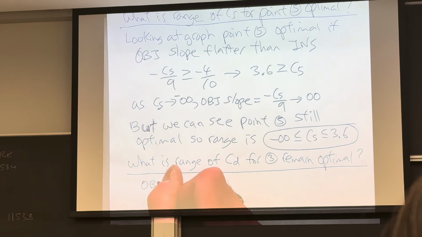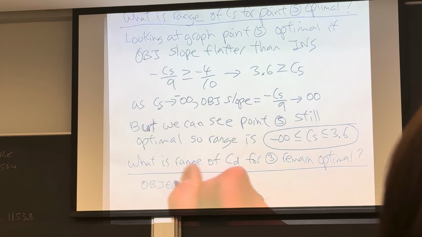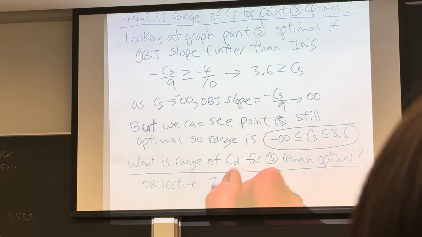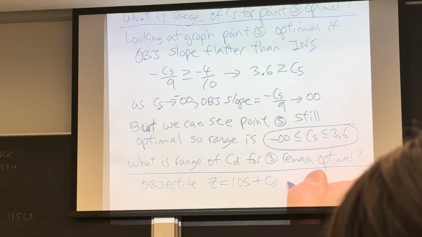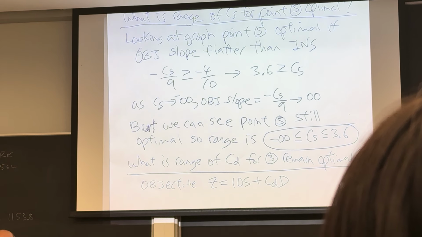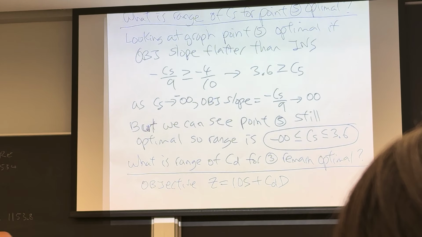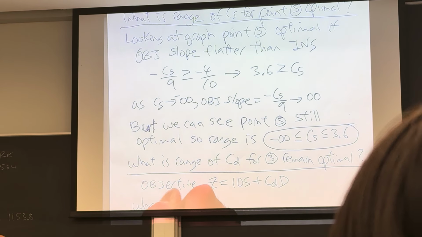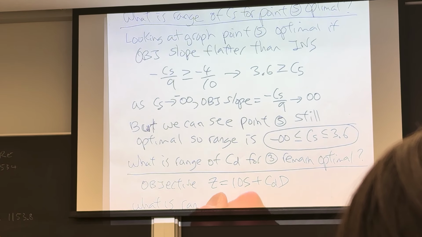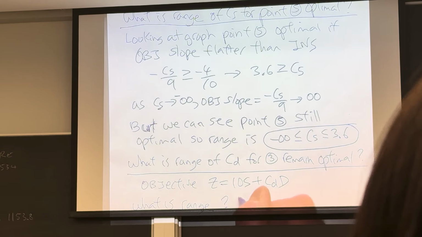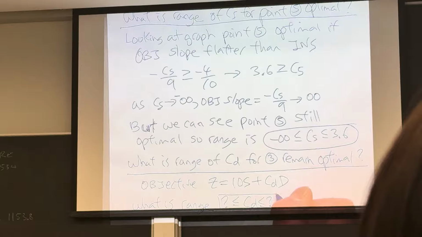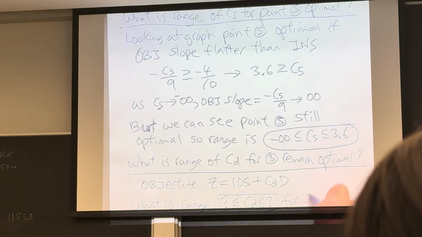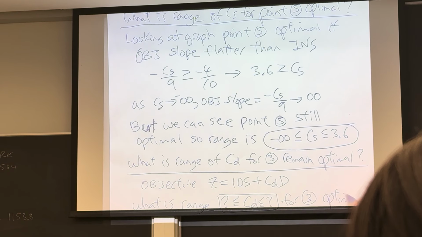So we have to rewrite our objective now in terms of the deluxe bag. So we put the 10 back on there, but we change this as the coefficient for the deluxe bag. So we're looking for what is the range for this for 3 to be optimal, right?